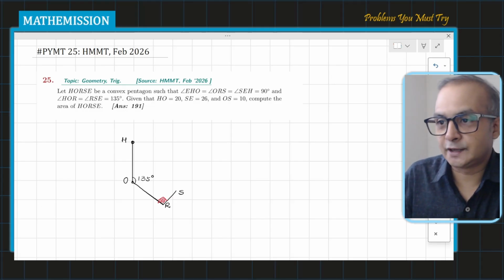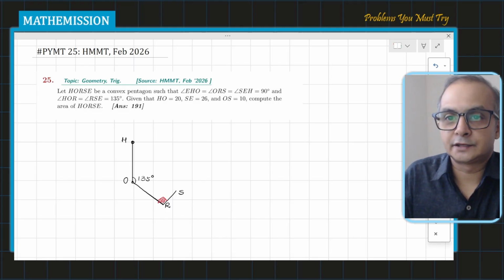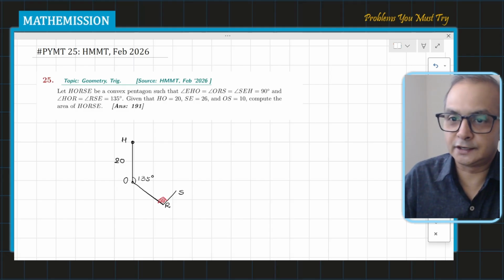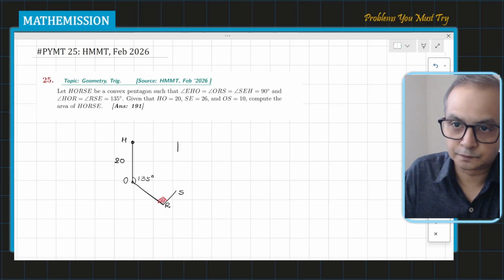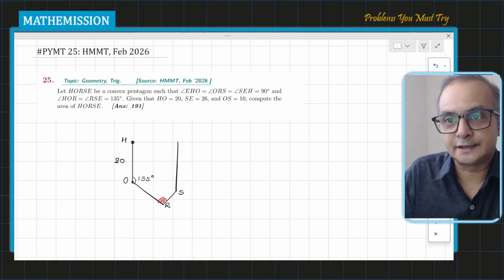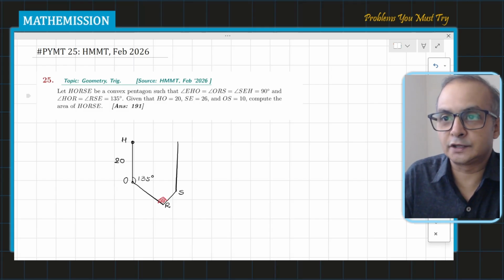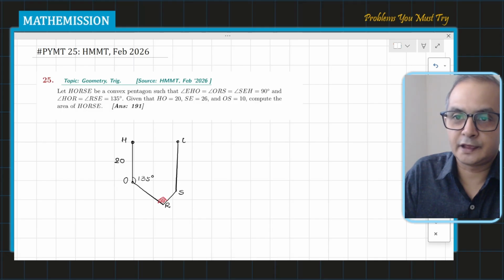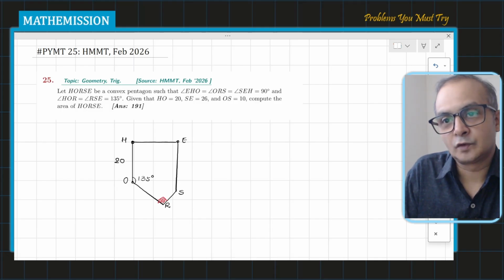And why I'm taking it smaller, because you see one thing here: the length HO is 20 but the length SE is 26. So this is 20 here, and SE I take as 26, so it'll be greater than this OH. Now where do you stop E here? Because SEH is again 90 degrees. SEH 90 degrees means this is E, and this is a horizontal line.